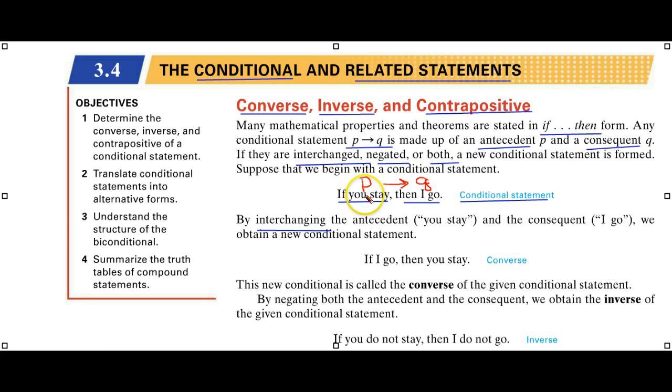So, again, designated the antecedent as P. If you stay, then I go. This is the conditional statement we had in the last part. And if we interchange them, that is, this is the P here again, the antecedent, you stay, then the consequence, which is I go, which is the Q, that is, reverse them.